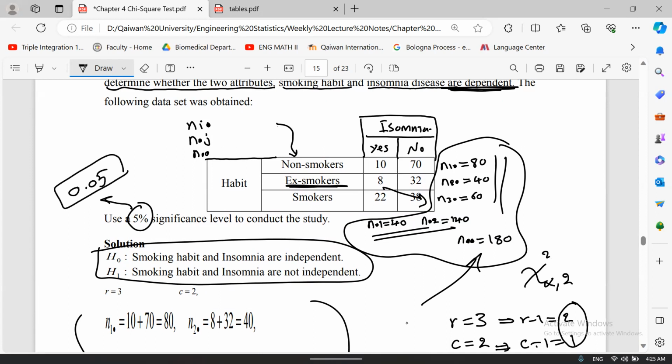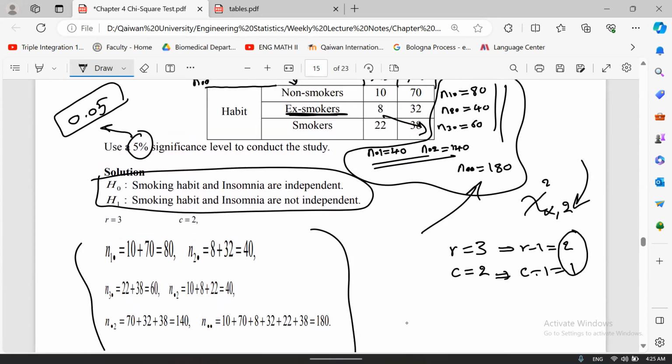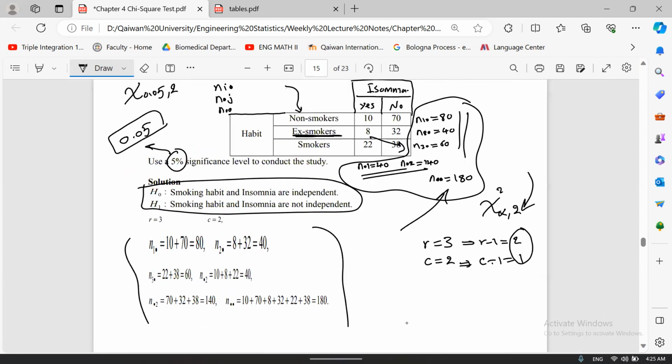Okay. Now, what do we do? We need to look for chi-squared of 0.05 and 2. It's (C minus 1) times (R minus 1), obtained from the number of rows minus 1 times the number of columns minus 1. 3 minus 1 times 2 minus 1 is 2.